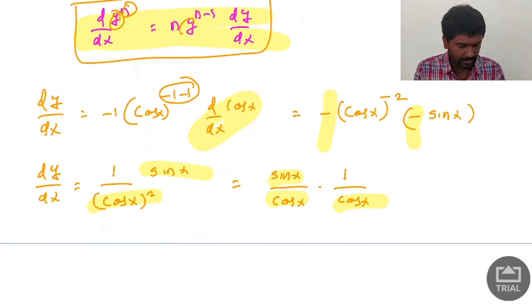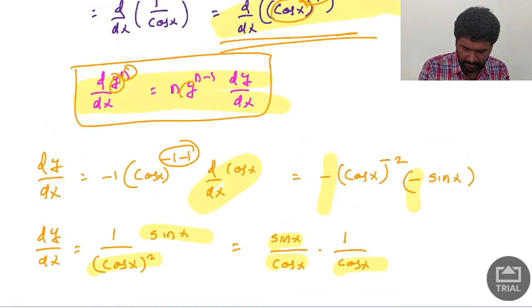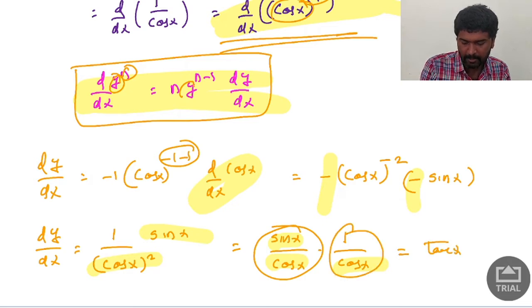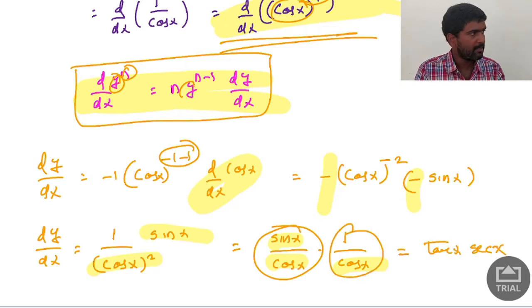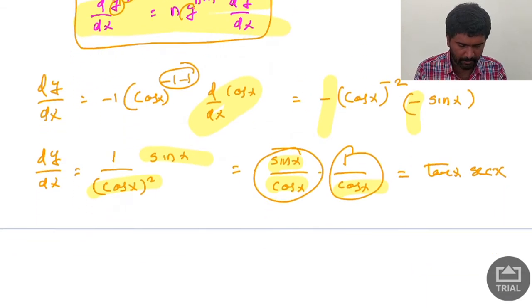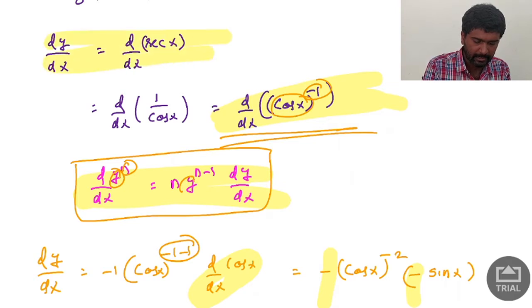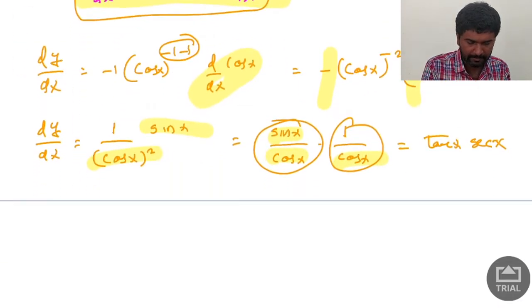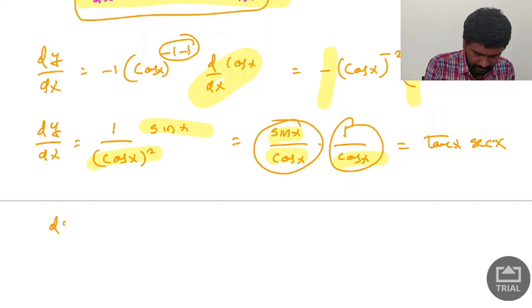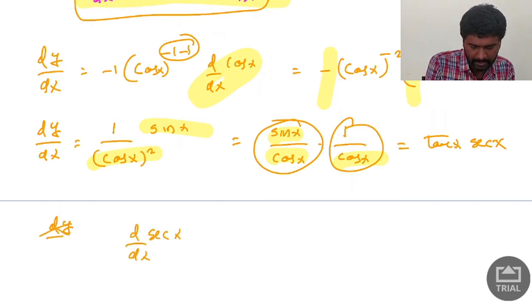Now sin by cosine is tan, and 1 by cosine is secant x. So this is the result. If y equals secant x, then dy by dx of sec x equals secant x into tan x. So this is the result.